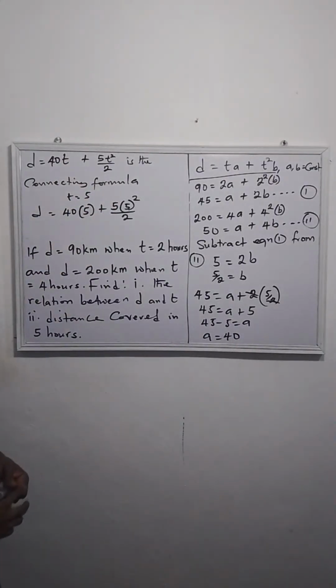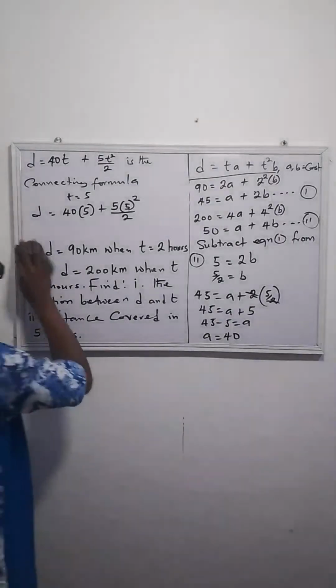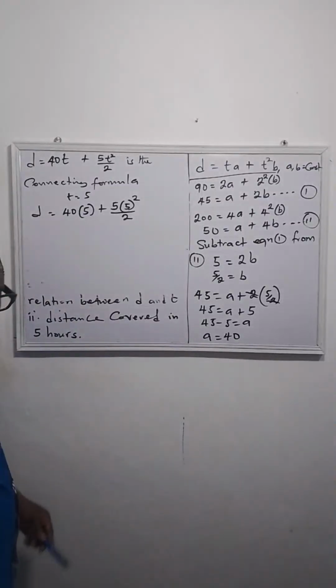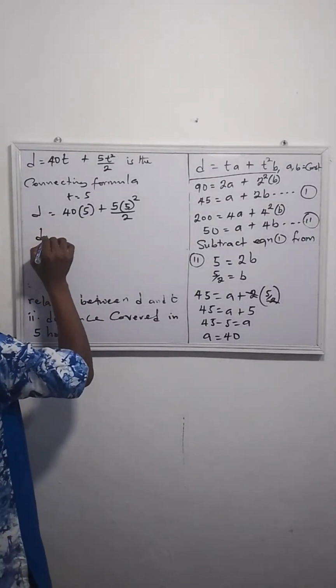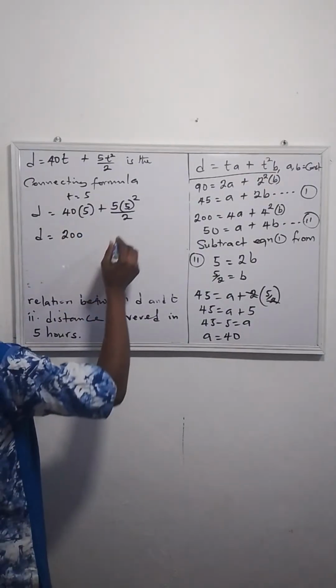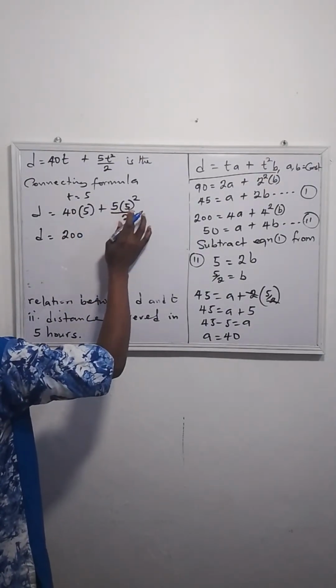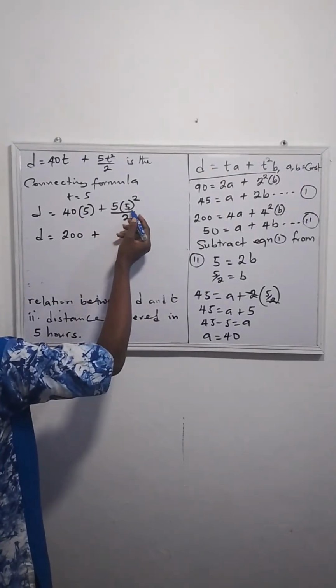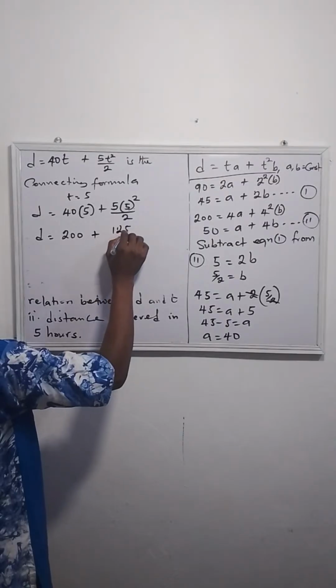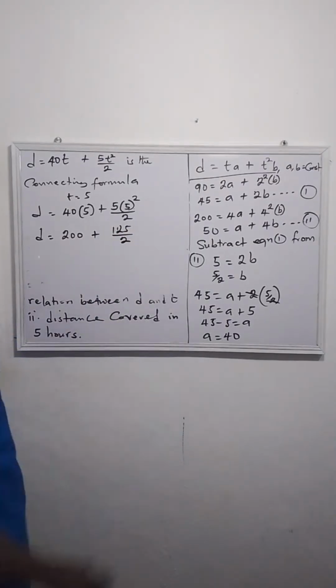So what do we have next? So when you multiply, we have d equals to what? 40 times 5 is 200. Now, what do we have here? We have 5 times 5, 25, 25 times 5, 125 over 2.